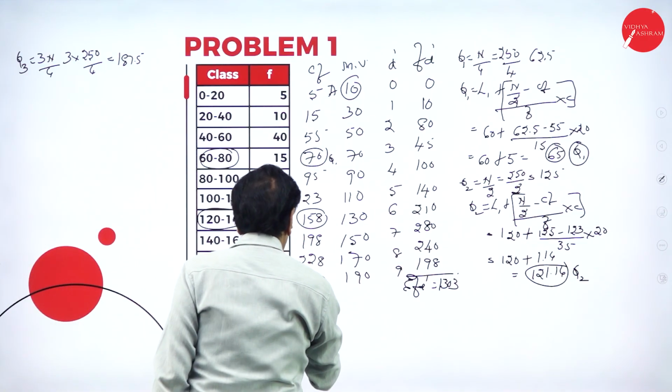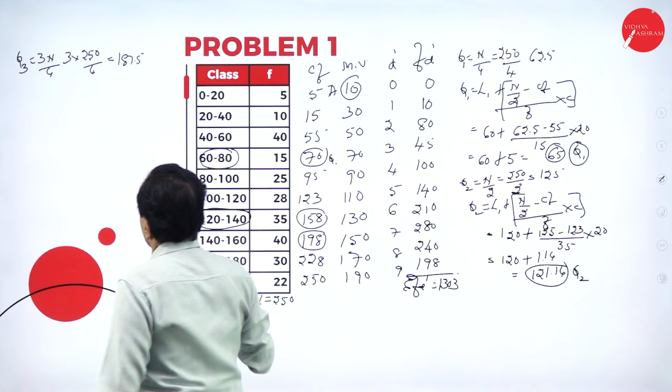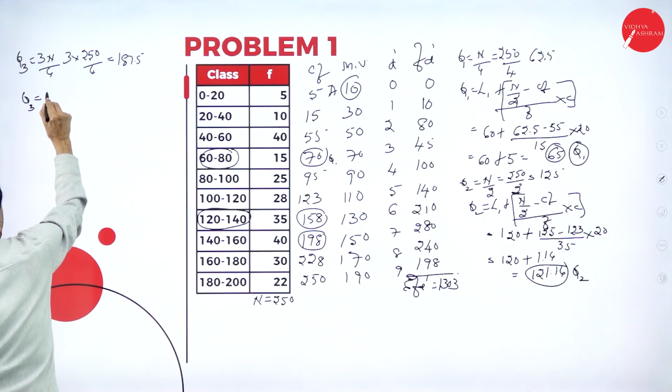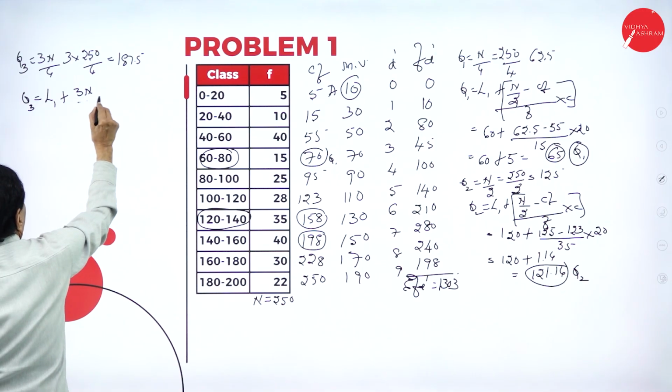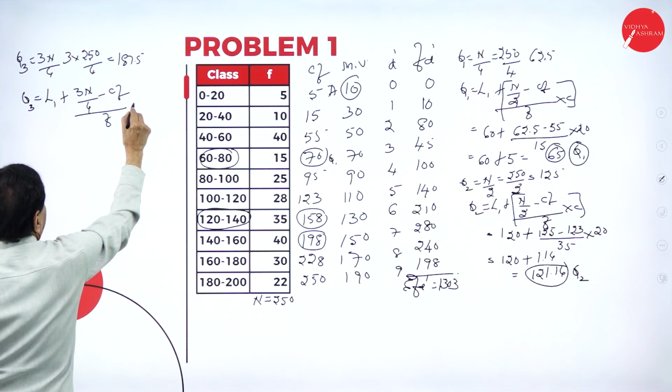Where will it come? Under 198 CF. So Q3 is equal to L1 plus 3n by 4 minus CF over F into C.